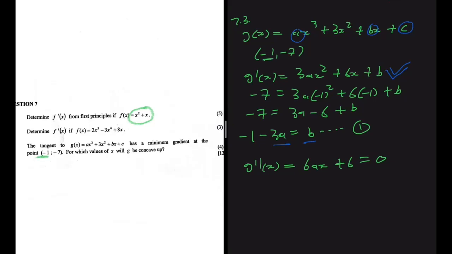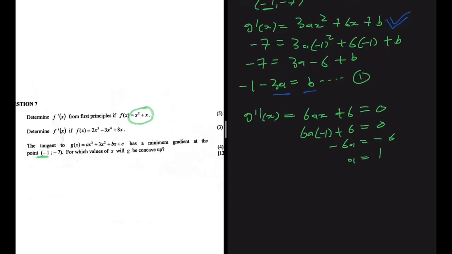If we substitute that -1 there, we're going to get 6a times -1 plus 6 is equal to 0. So here you're going to see that -6a is equal to -6, so a is equal to 1. So now we have determined that a is equal to 1.